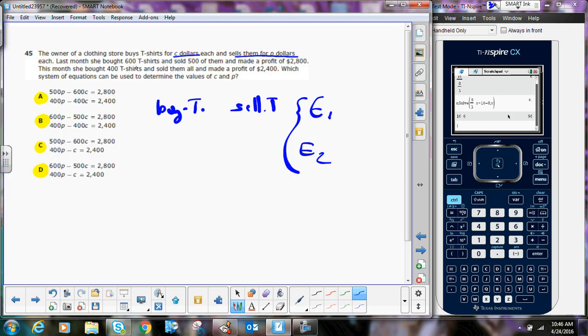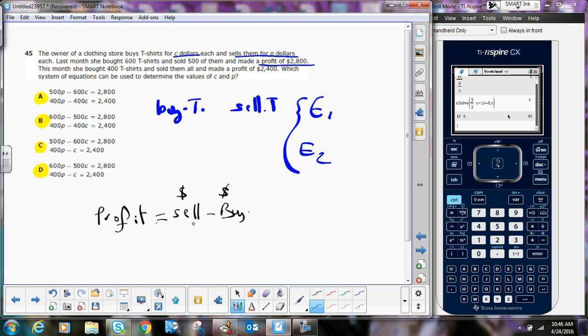Last month, she bought 600 t-shirts and sold 500 of them, and she made a profit of 2,800. Let's see, what does profit mean in real life? The profit is how much you sell it for minus how much you bought it for, and that's your profit equation.